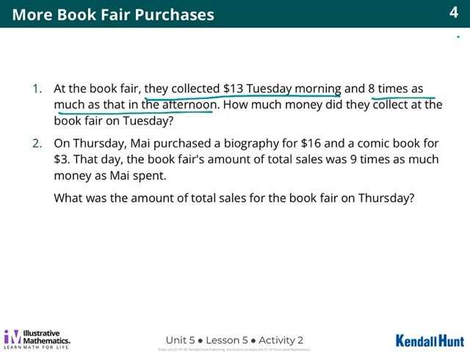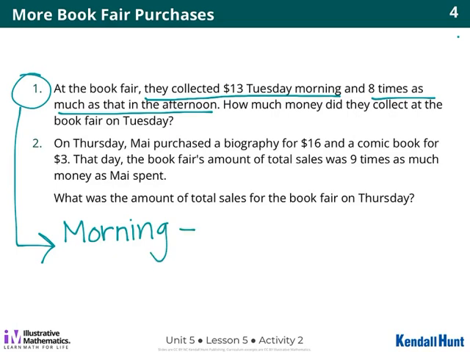that in the afternoon. Question number 1 was kind of a trick because you had to figure out Tuesday morning and Tuesday afternoon. Then you had to add together. So how much did they make Tuesday morning, Hadley? $13.